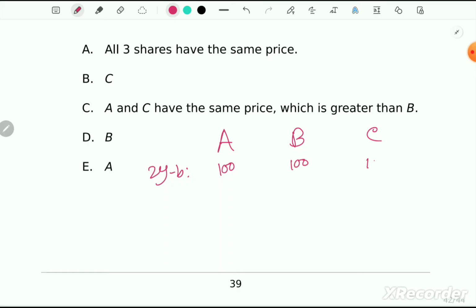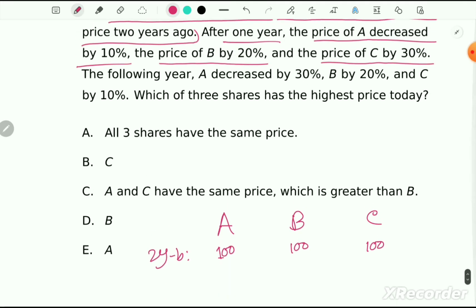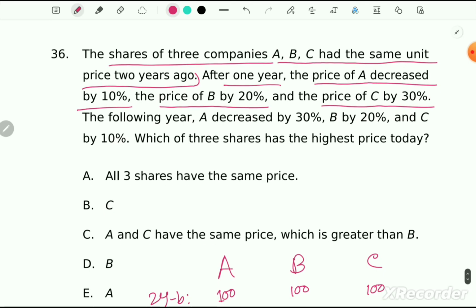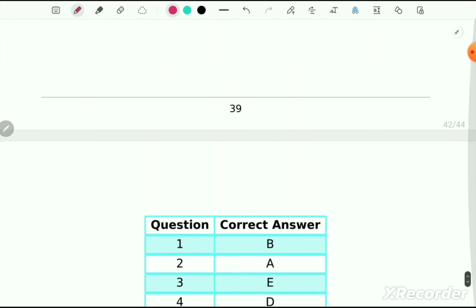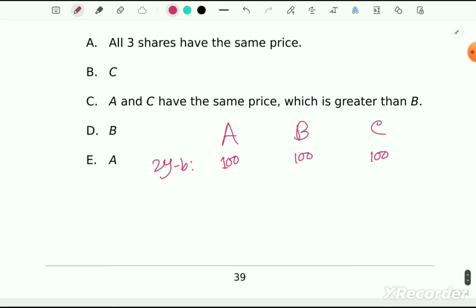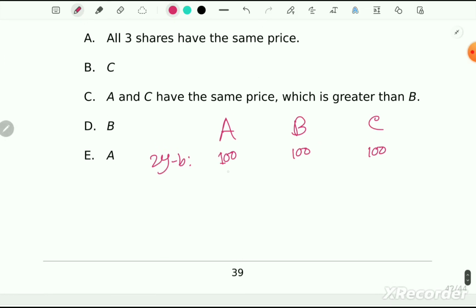So 2 years back their share price was 100, and the share price of A decreased by 10%. That means we can write here after 1 year, and finally we will write present time.